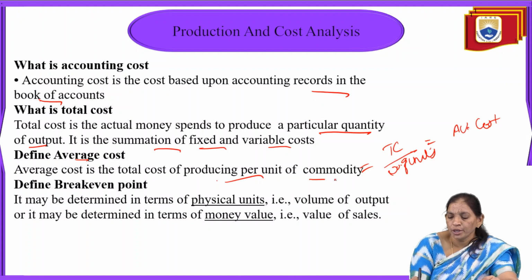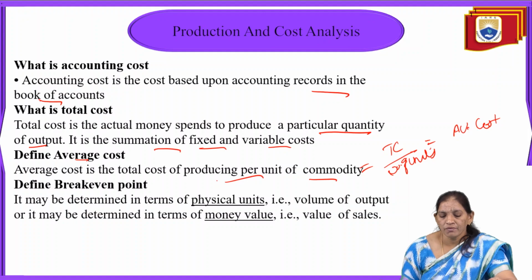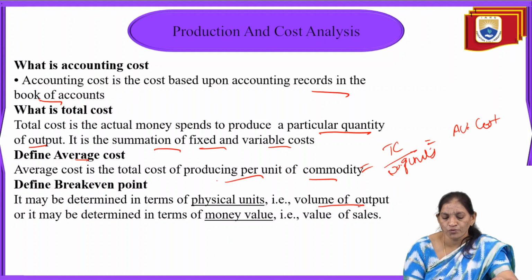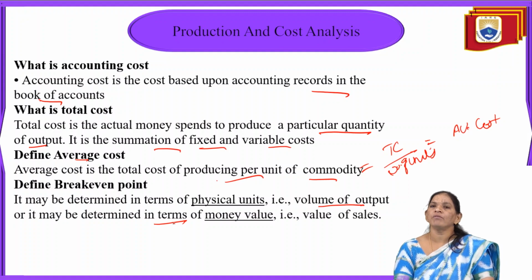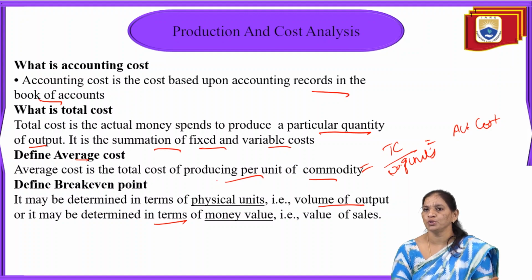Define BEP point or break-even point. This break-even point is determined in terms of physical units, maybe the volume of output, or it could be determined in money value or value of sales.